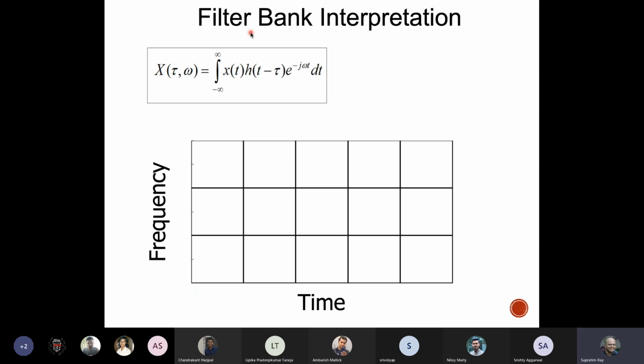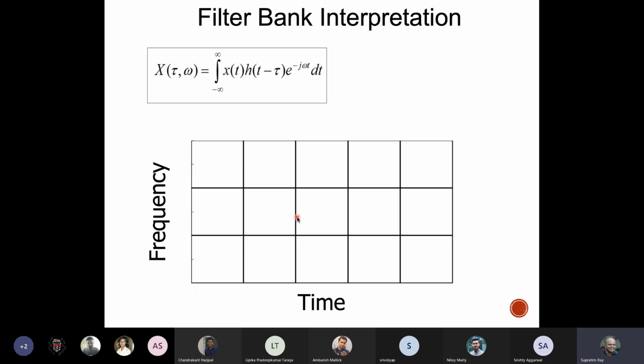So what you can think of this is a series of filters that are applied to the signal. Okay, so what is a filter? A filter is just a function that captures the properties of the signal at a particular time and a particular frequency.